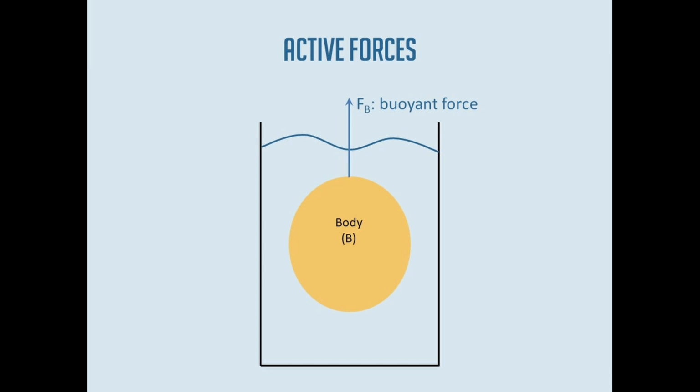We have already mentioned the buoyant force, and the Earth's gravity also exerts a force on us or the body which we consider. This is also known as the force of weight. And finally, we have the force exerted on us by the water. In other words, the weight of the water above our body.